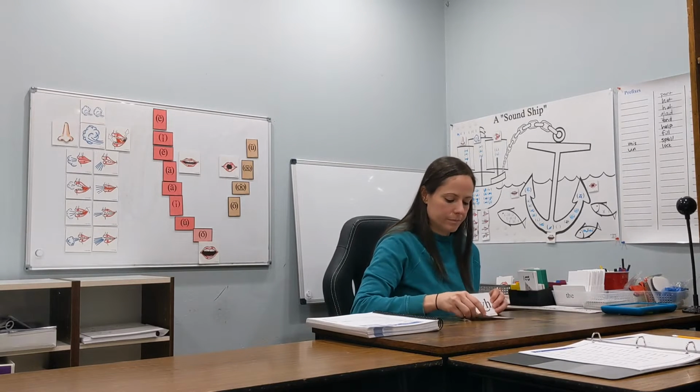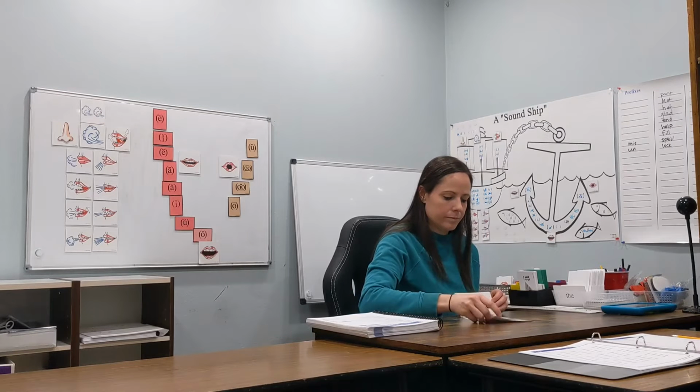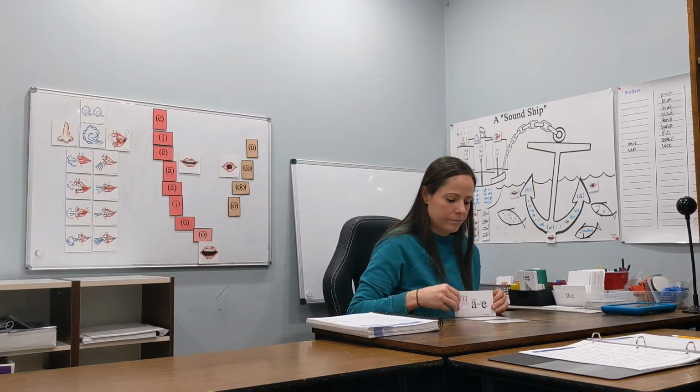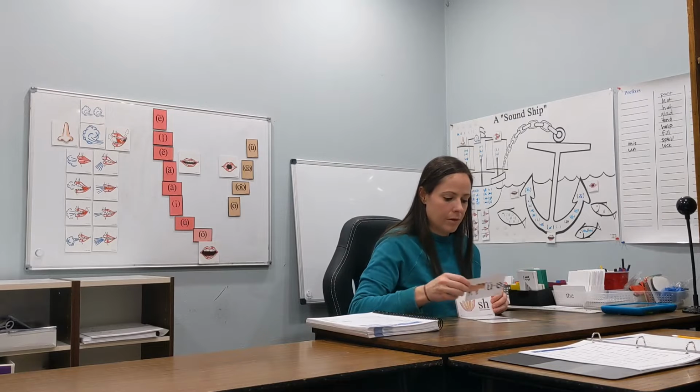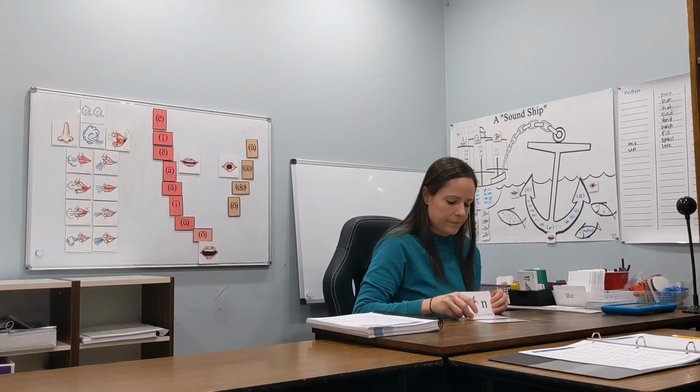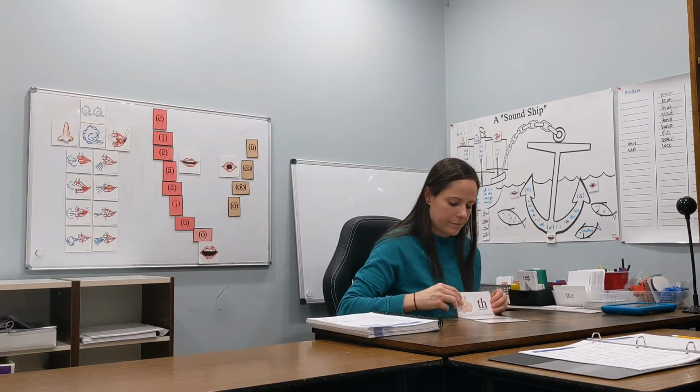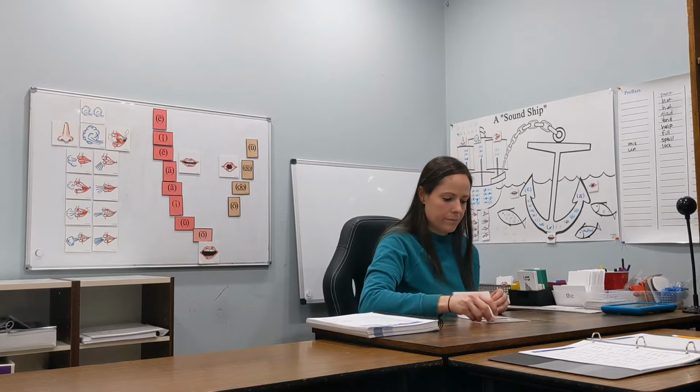Rope, O. Whistle, W. Cake, A. Five, I. Athlete, E. Meal, U. Shell, Sh. Nest, N. Thumb, Th. Mother, Z. Dog, D. Umbrella.